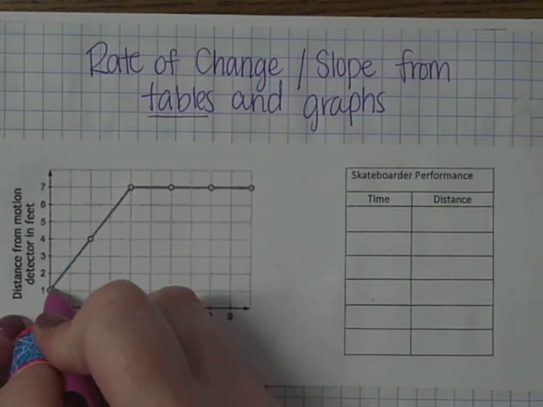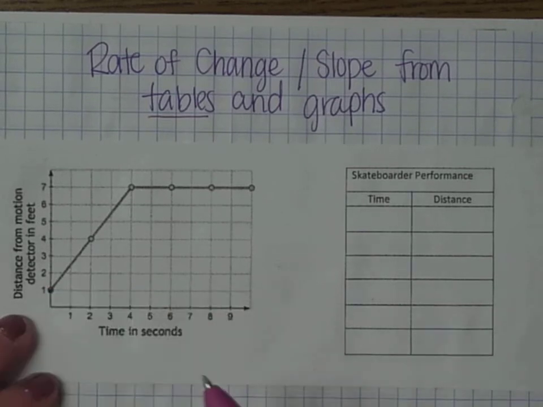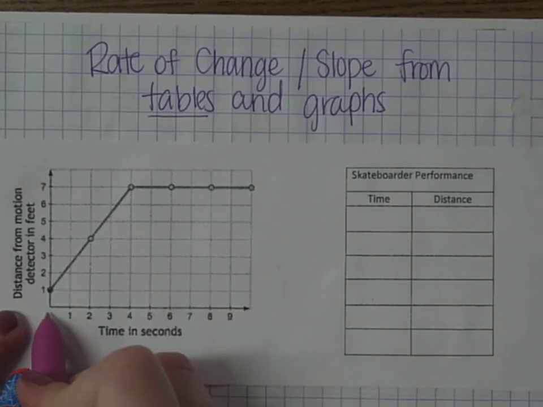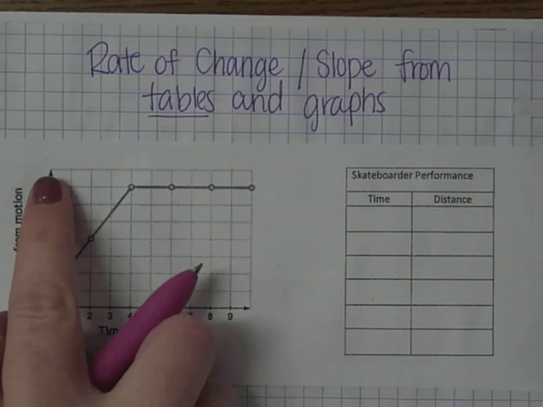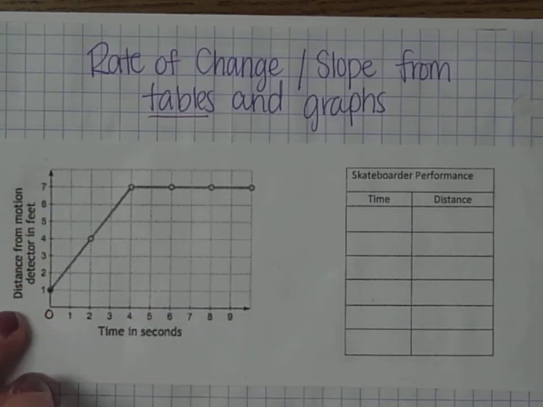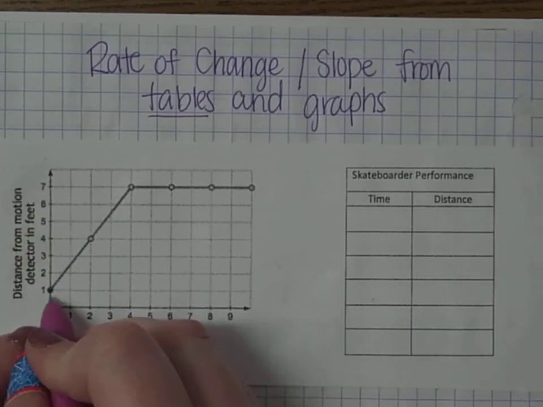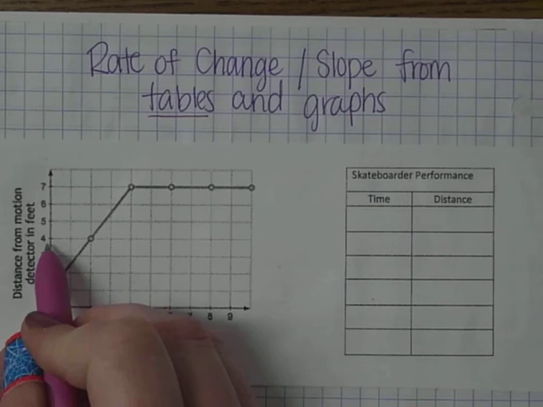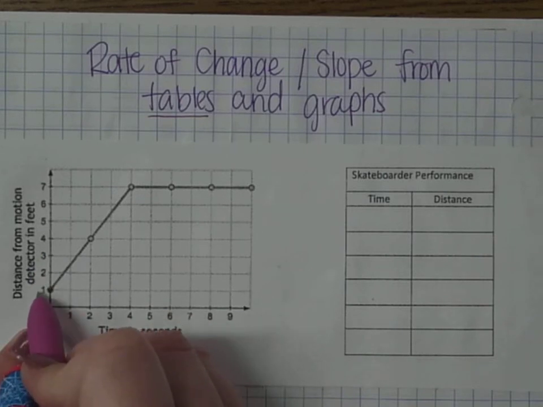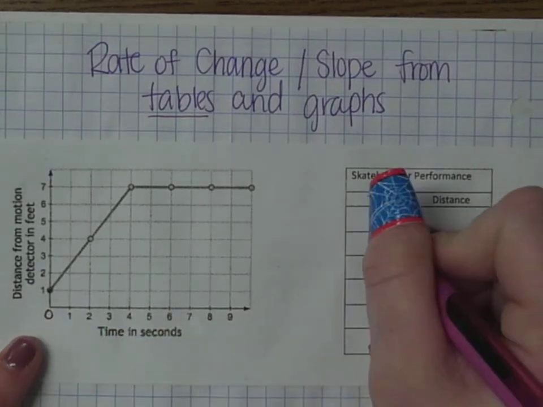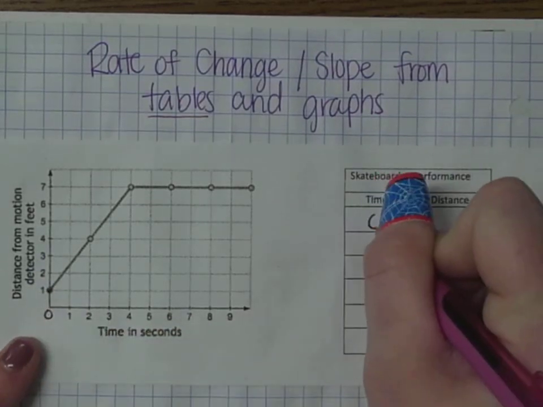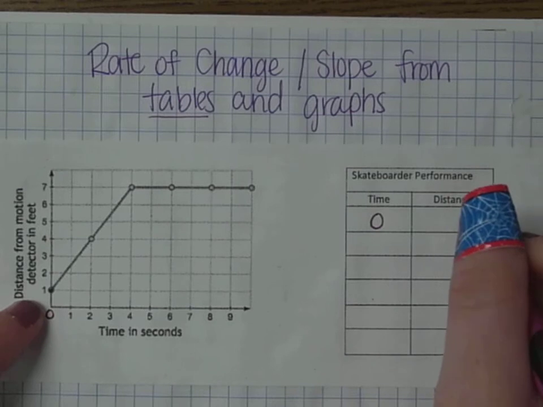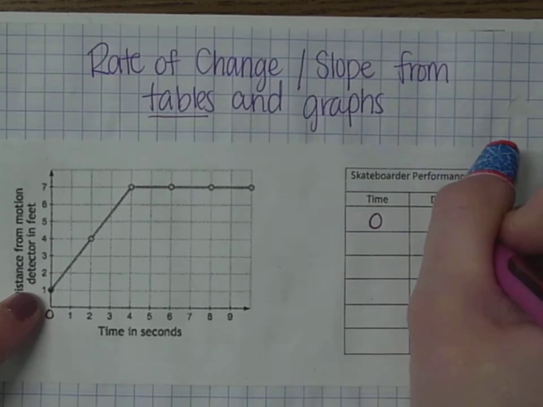If I look at this point right here, notice 0 isn't listed, but this is actually 0 seconds and 0 feet. So this first point, notice it's on the line with 0 and it's at 1. So the time is 0 for the first point, and then the distance is 1.